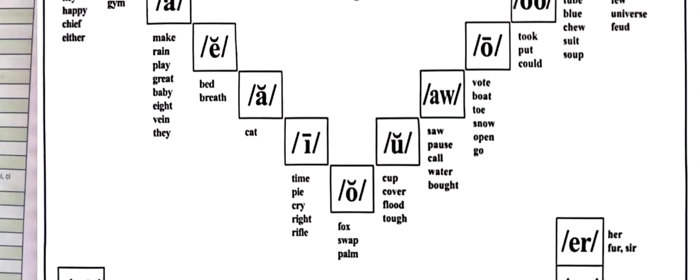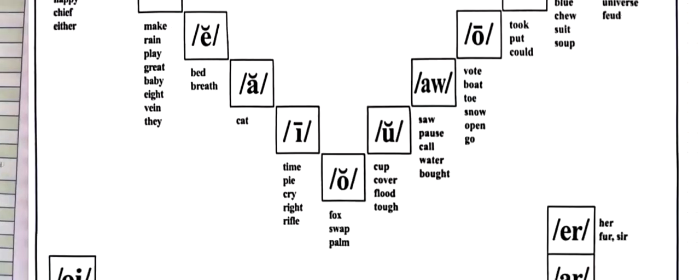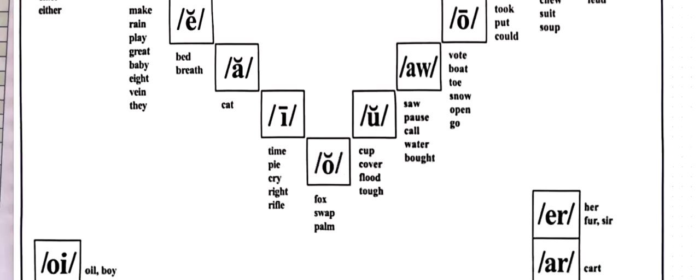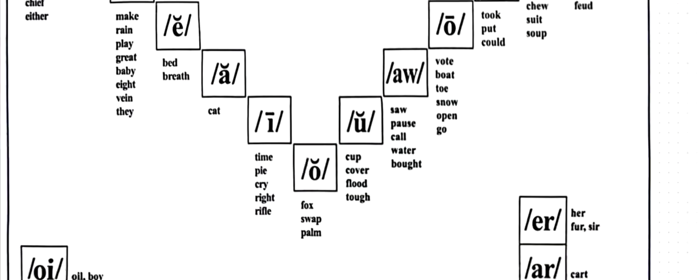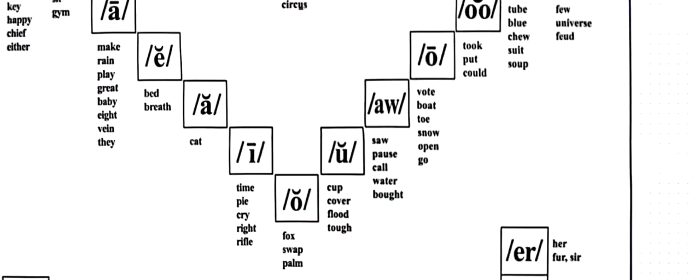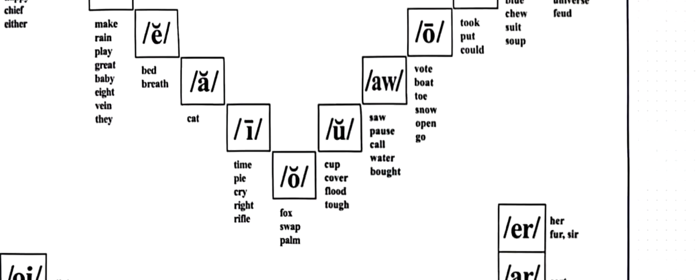So these are the rules, these are the graphemes. Swap, palm. So this AL makes the A, this O makes the A, and this WA, or just this A makes the ah sound. Up, cup, over, flood, tough.